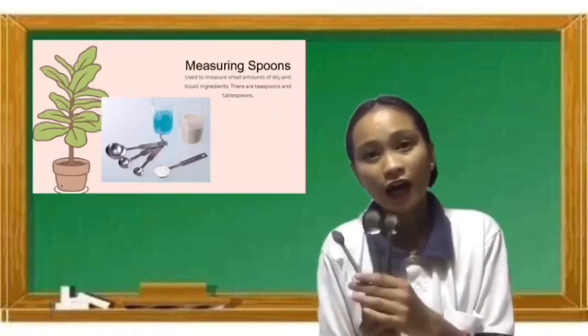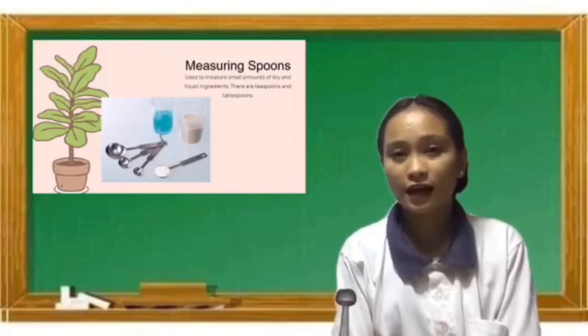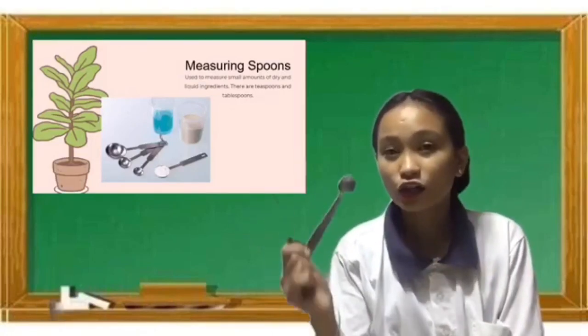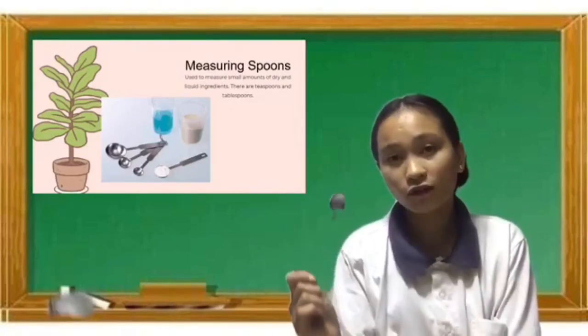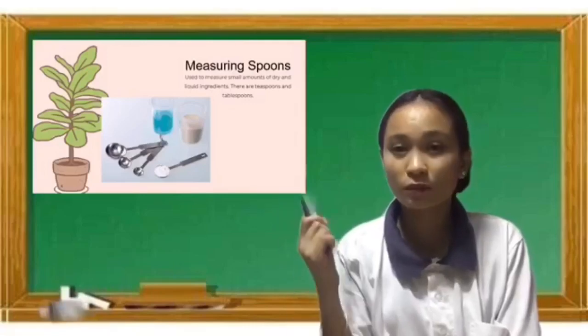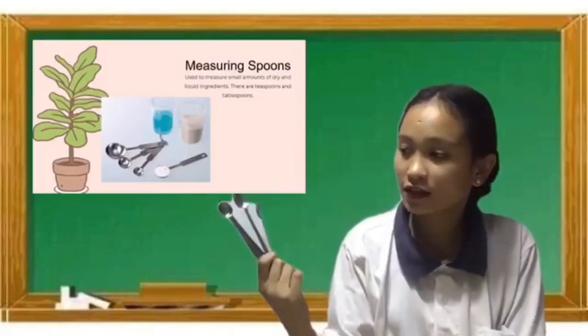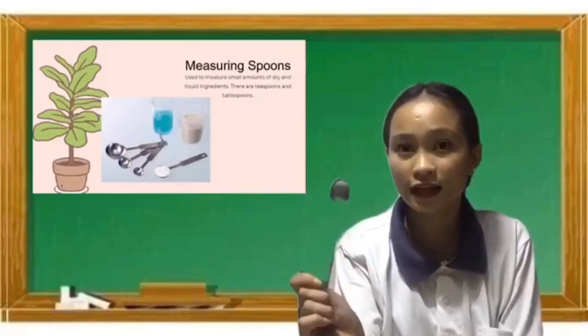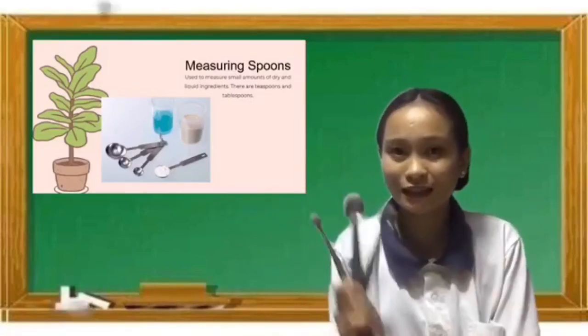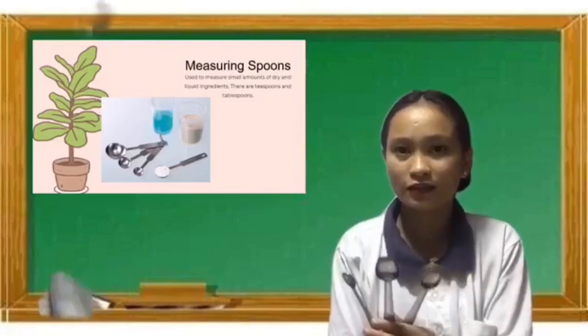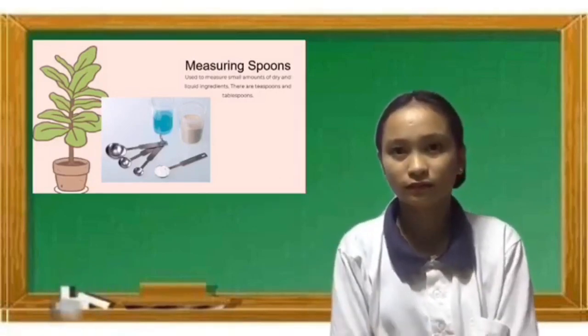And always remember, class, that there are two kinds of measuring spoons. Like this, this is stainless steel, and there is one made from plastic. So always remember that.